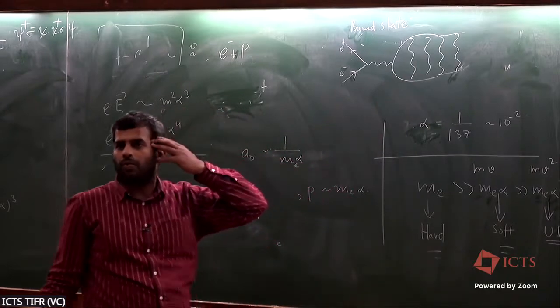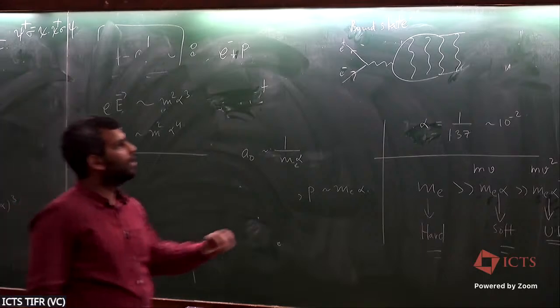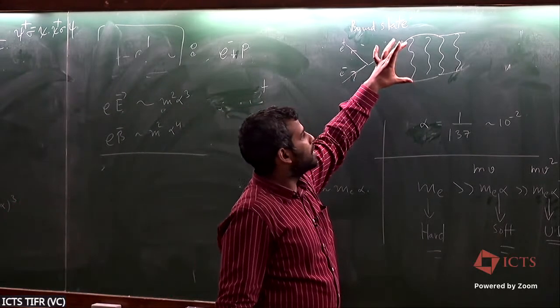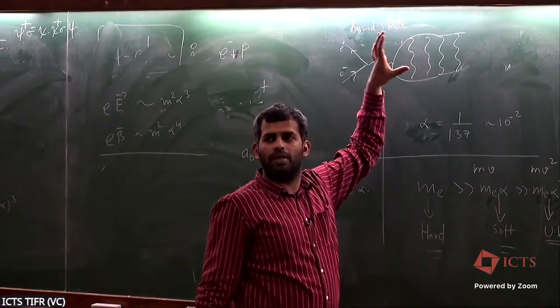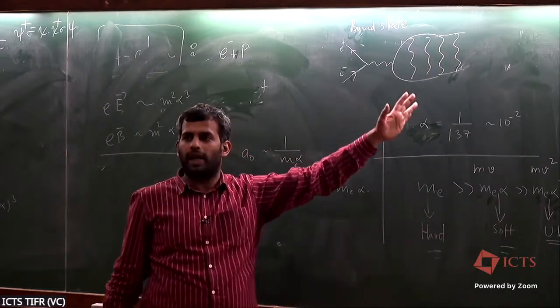We'll just do it from the power counting argument. We don't compute it, but we'll discuss together how from power counting you can find that the one gluon exchange is at the same order as two gluon exchanges, at the same order as three gluon exchange, which is equivalent to summing up all these diagrams.